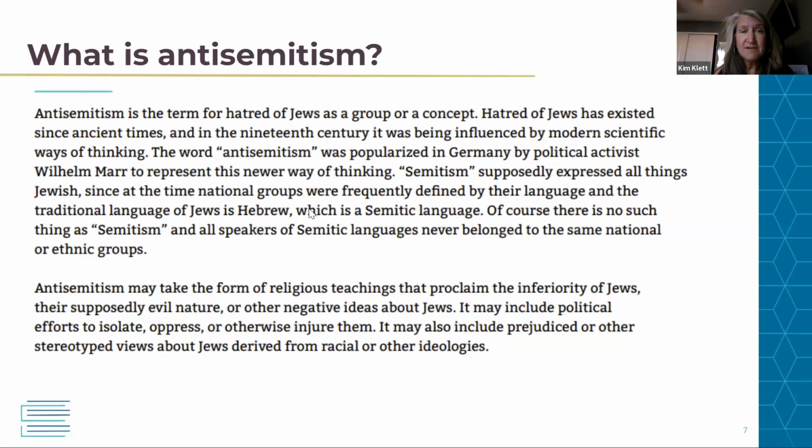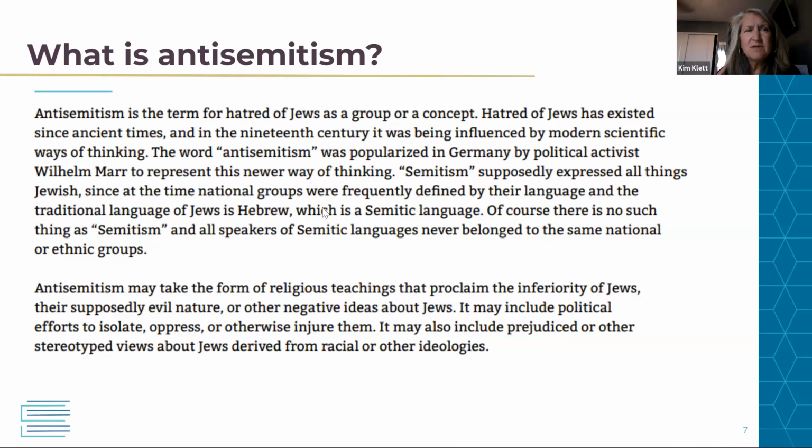I use this definition with my students, and I found it to be really helpful. And we definitely talked about this part a lot, to break that down. There's also a quick overview, again, of the history of it. I'll show you next where you can get a longer article about it, but this is a nice place to start.